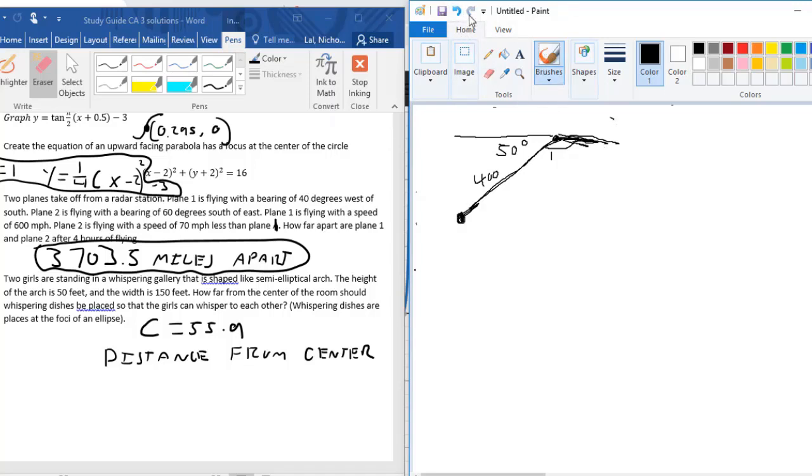All right. So 60 degrees south of east. Here, let me redraw from the start.